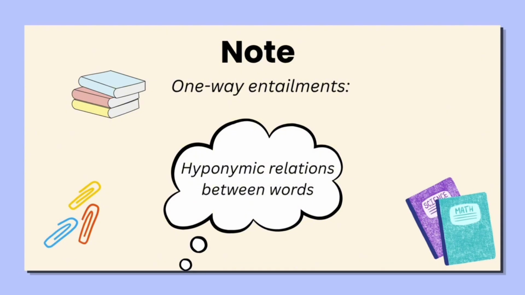So if we say I bought roses, we can conclude I bought flowers. But the opposite does not always work because flowers can include many other kinds, not only roses. That is why one-way entailment is asymmetrical.